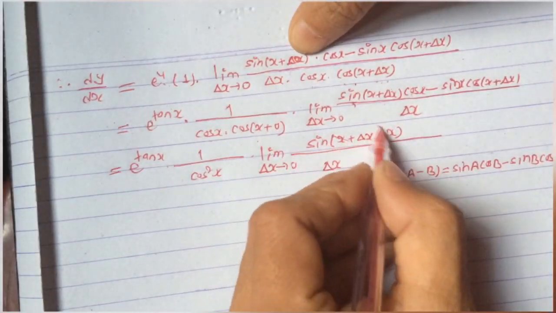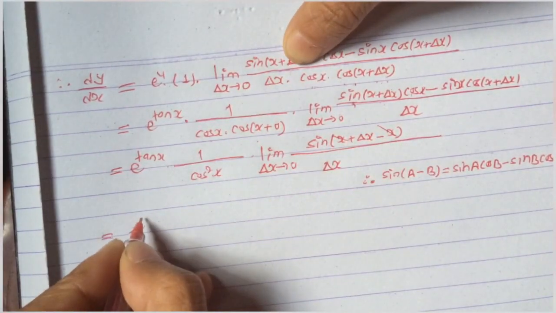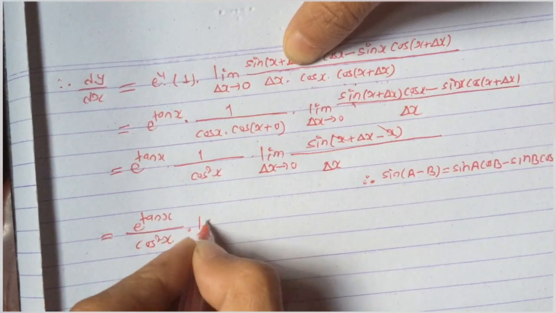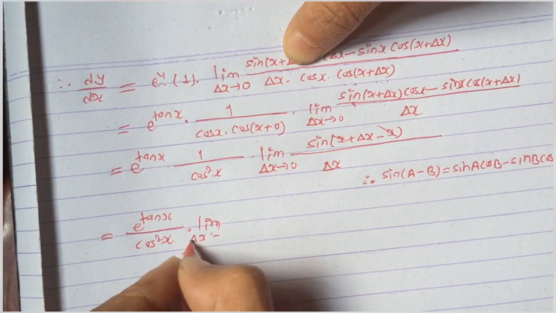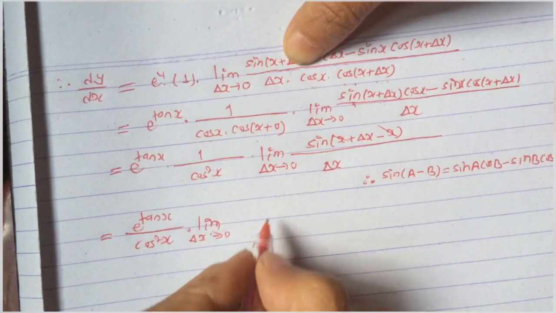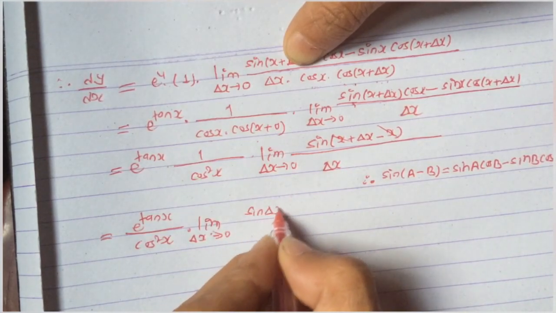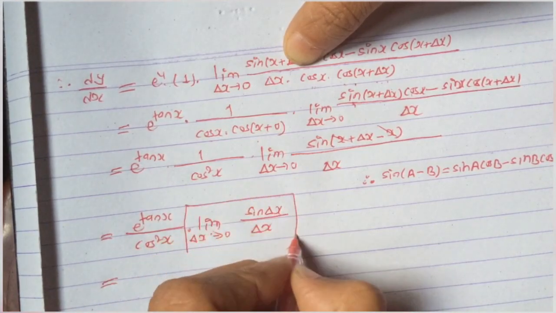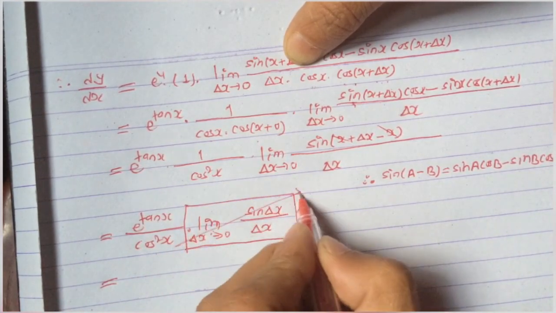Now in the next line, what you can write is e^(tan x) divided by cos square x, and limit del x tends to 0. x cancels out inside sine, so you are left with sin del x by del x, and this gives you 1.